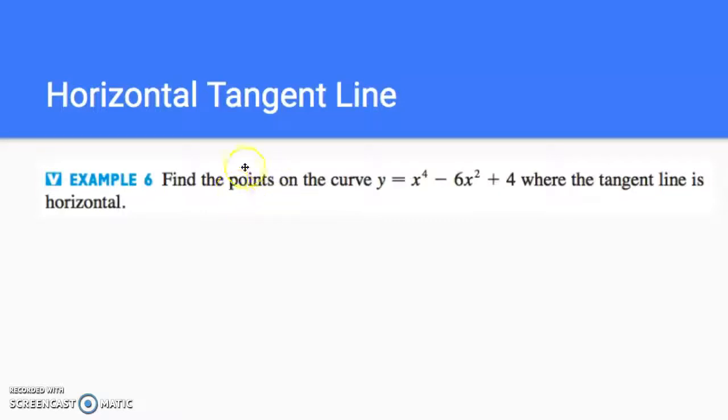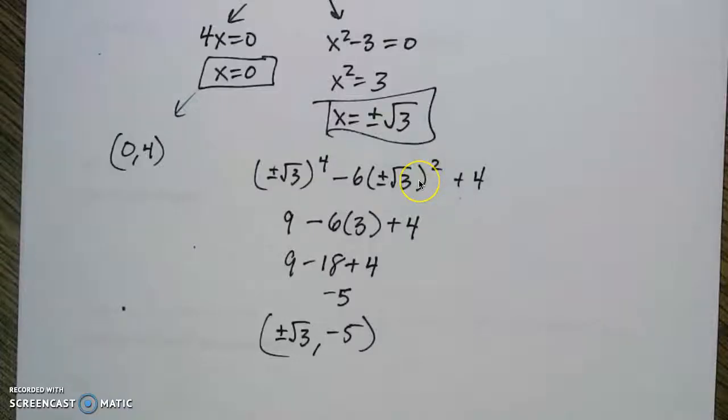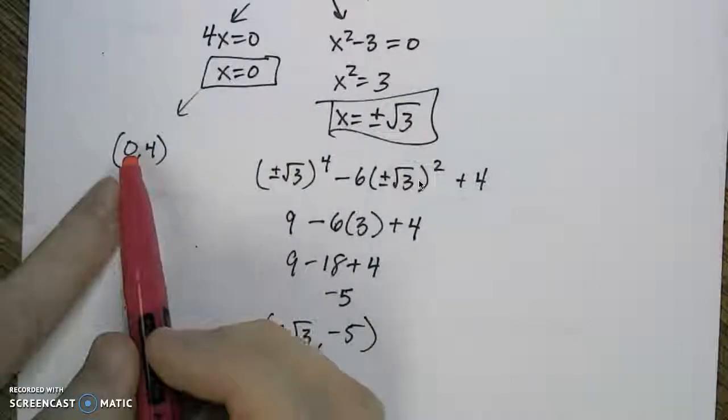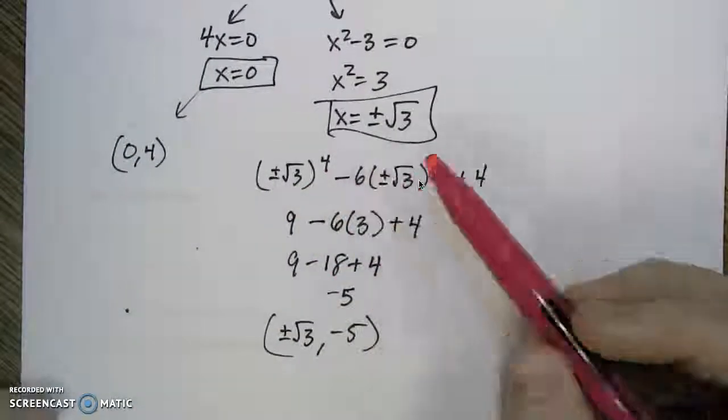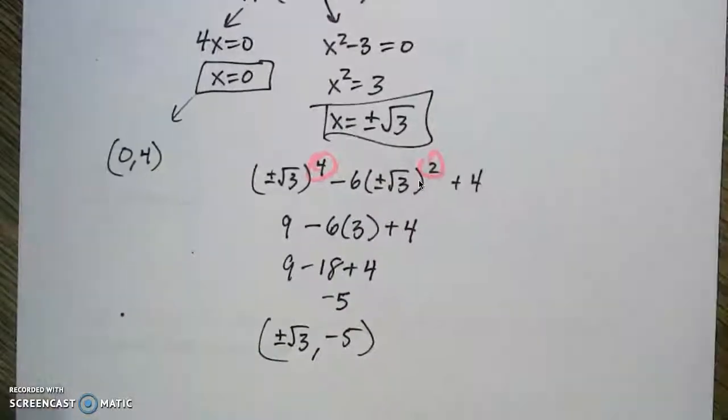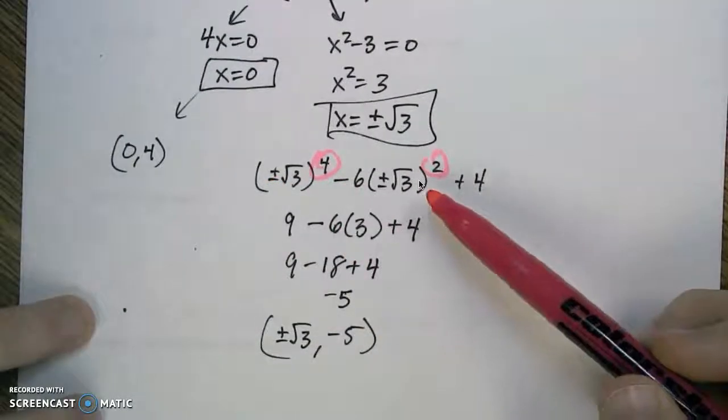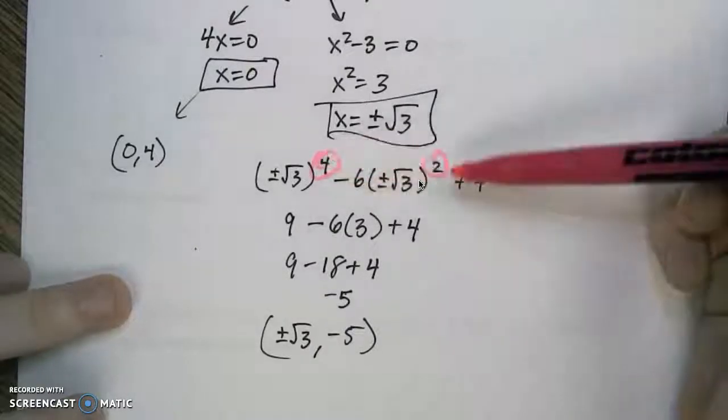Now, because it said points and it didn't say find the x values, we really should take these x's and plug them in to get ordered pairs. So because we got 0, we can say the point 0, 4, because when you plug in 0, you get 4. 0, 4 is a point on the curve. You also should plug in your radical 3's. I plugged in plus or minus radical 3 just because these are even exponents, and I knew the negative and the positive doesn't matter because even exponents cancel negatives and keep things positive.